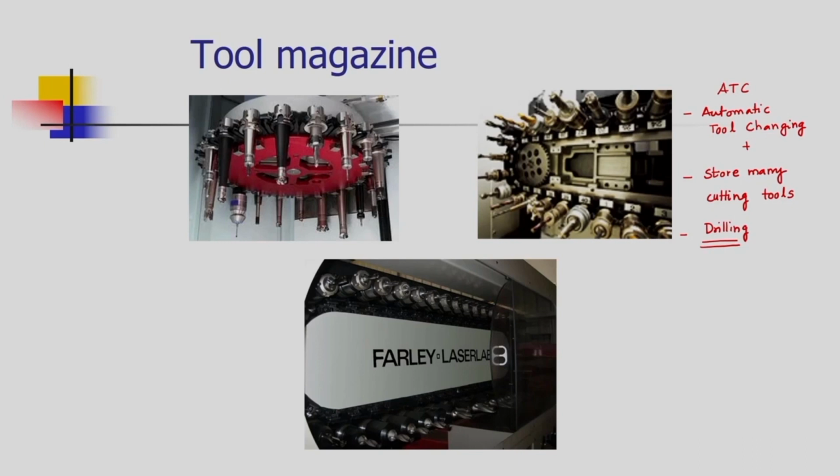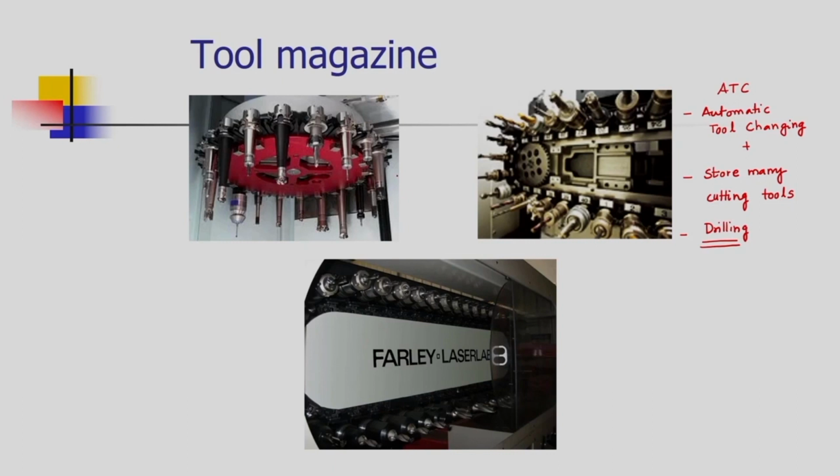For that purpose, we may need a large number of drill bits, and a large number of semi finishing tools that we call reamers, and finishing tools in a drilling operation. So, for that purpose various types of arrangements are available in the CNC machine tool industry.